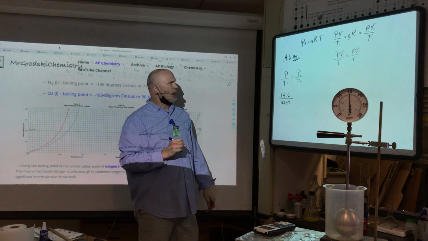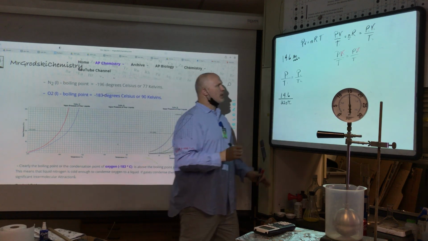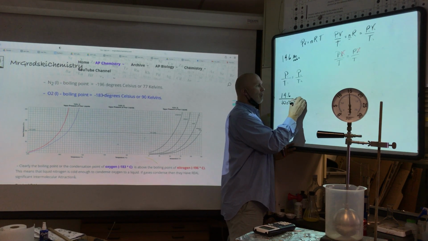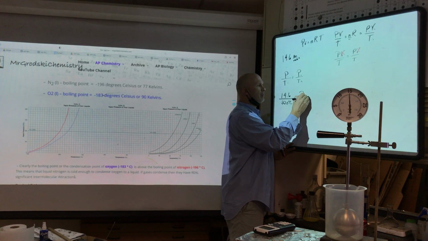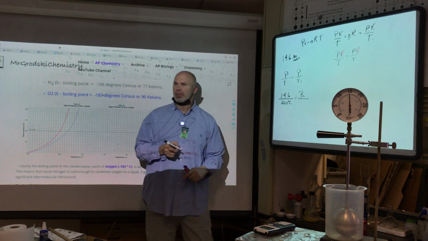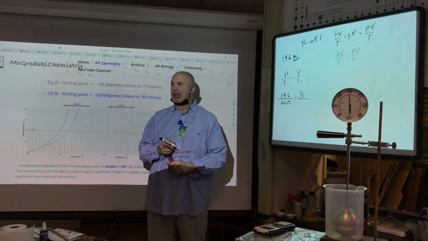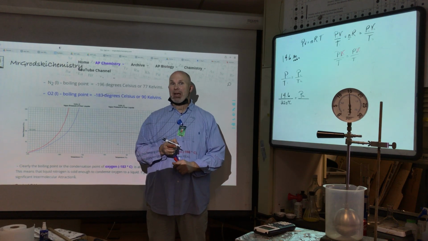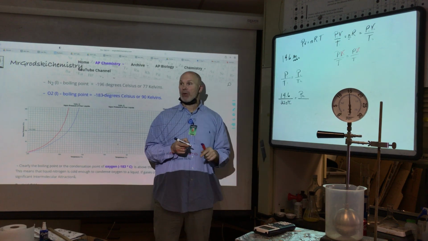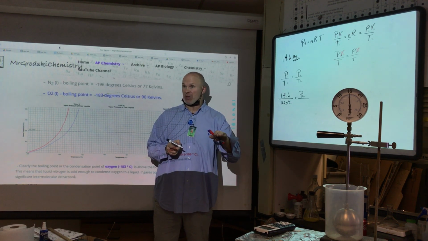We're going to solve for the new pressure when I pour liquid nitrogen into that container. Now, liquid nitrogen's boiling point is negative 196. We are at about 1 atmosphere of pressure, so its boiling point is basically the same.